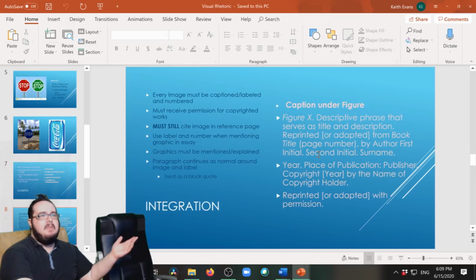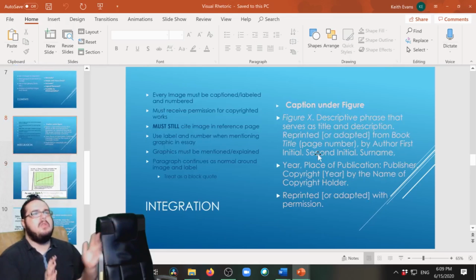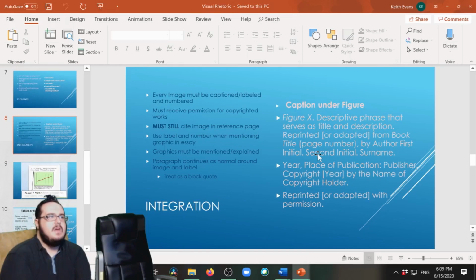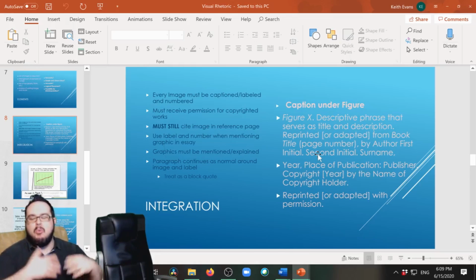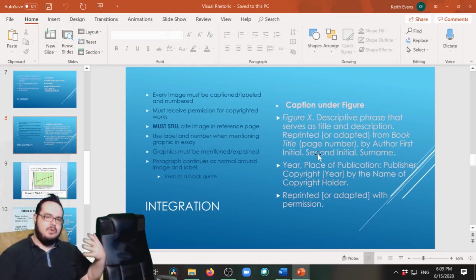So there are a lot of elements you need to take into consideration, but also the important thing is you need to cite your images. Now, I'm not expecting everyone to be an artistic person. You don't have to make incredible pieces of art to put into your project.